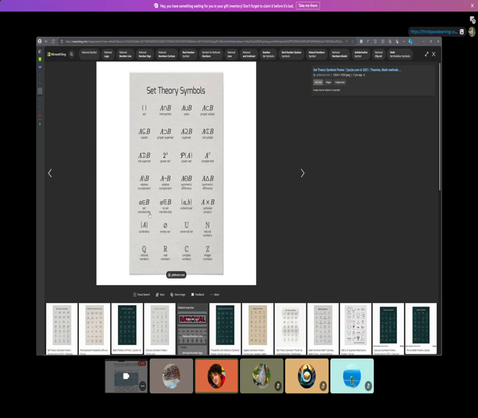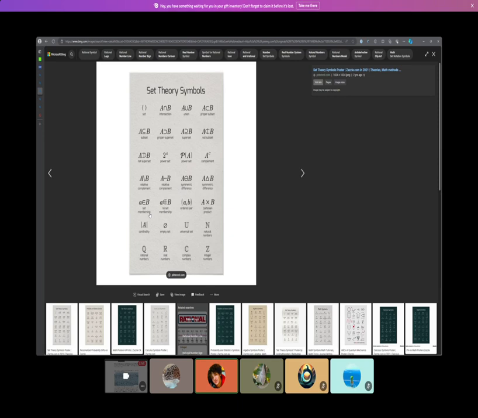Z means integer numbers, C means complex numbers, R means real numbers, Q means rational numbers, N means natural numbers. And then the symbol between A and B means set membership, that A is a part of B. So there's a set that is a part of a set.